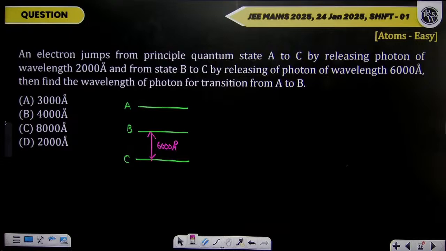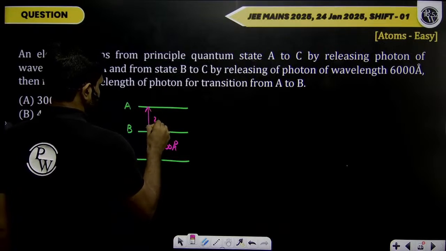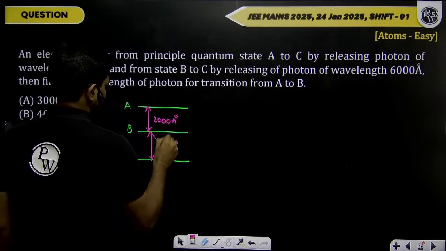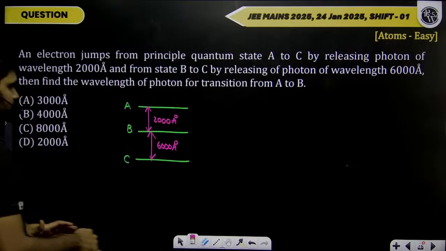And A to B, it is releasing 2000 angstrom. Sorry, A to C is 2000.